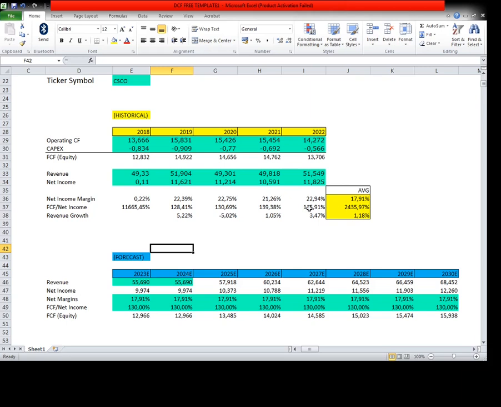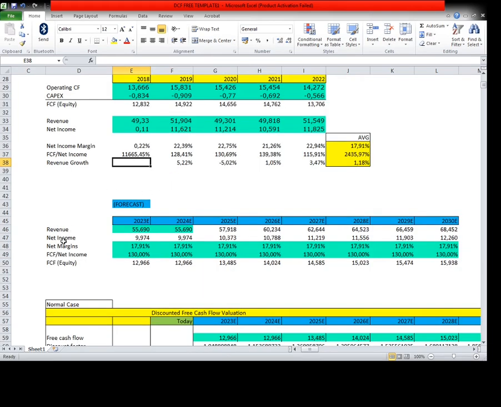We see that the average value is 2,435.97%. It's a very big value, and this is due to the year 2018, when the net income was way below the other years. So we will be using an average value of 130%. It's more logical. Next we will log in the forecasted revenue for the future.